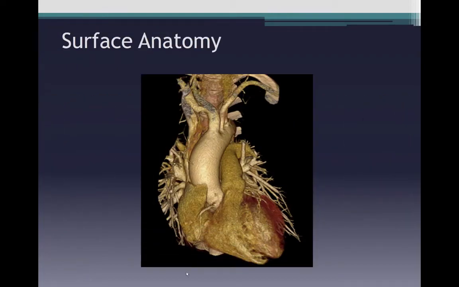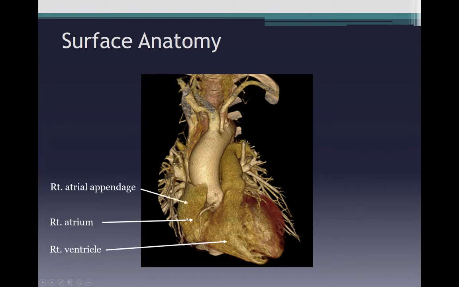This is a volume-rendered image of the heart and the thoracic aorta as viewed from the front of the body. The most anterior surface of the heart is the right ventricle, which is the chamber shown here. On the right side of the right ventricle is the right atrium, and part of the right atrium is the right atrial appendage, which is seen as a broad projection arising from the right atrium.